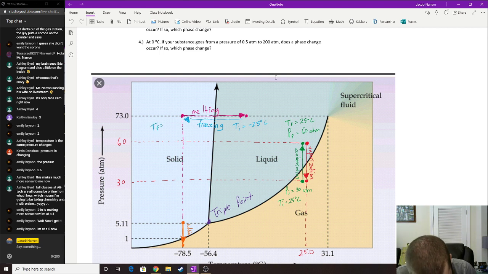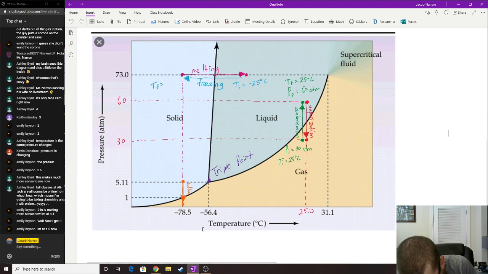TF is going to be negative 78.5, because I can follow that line down and see negative 78.5 down here. Okay. Pressure is going to stay constant because we can see pressure is 73 for the whole thing. So P initial, 73.0 atmospheres.